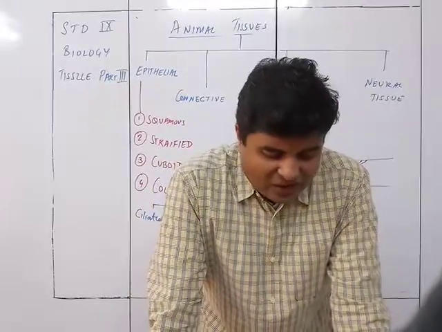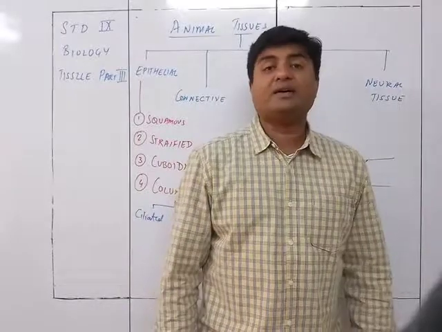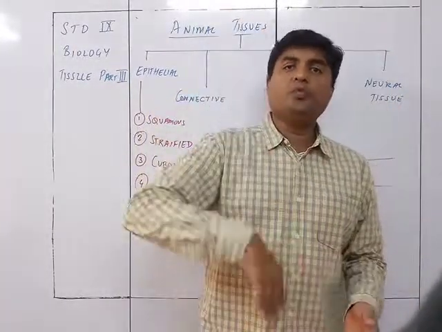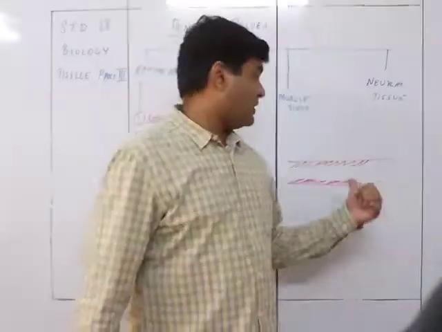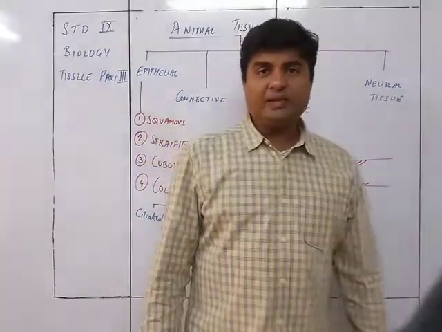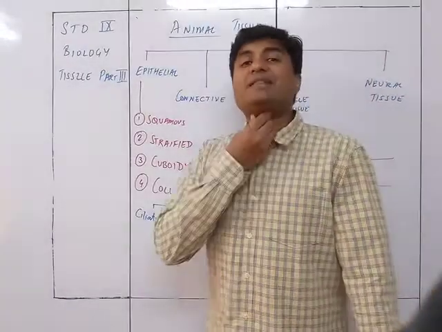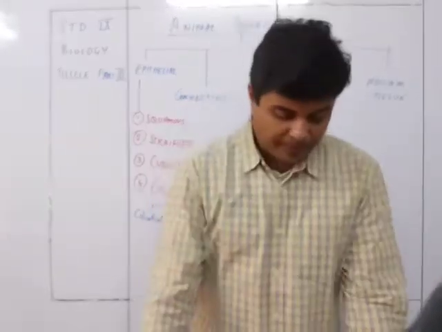The cilia constantly keep lashing and move the material which enters these regions. So that's why this is called a ciliated epithelium, which is present as a part of the columnar epithelium in the trachea, that is the windpipe. This is one of the regions, the windpipe.